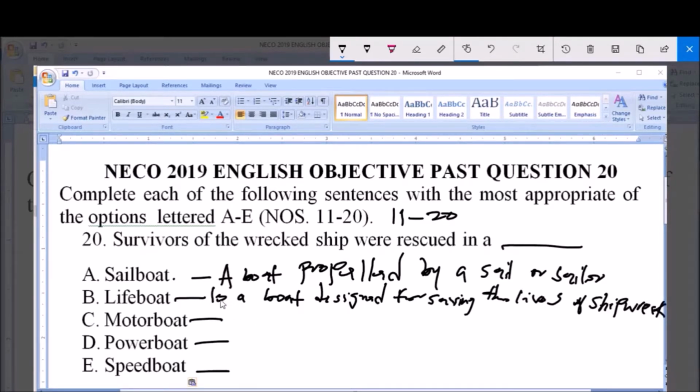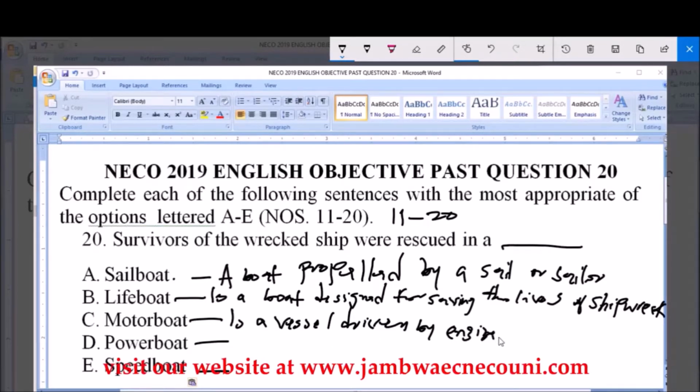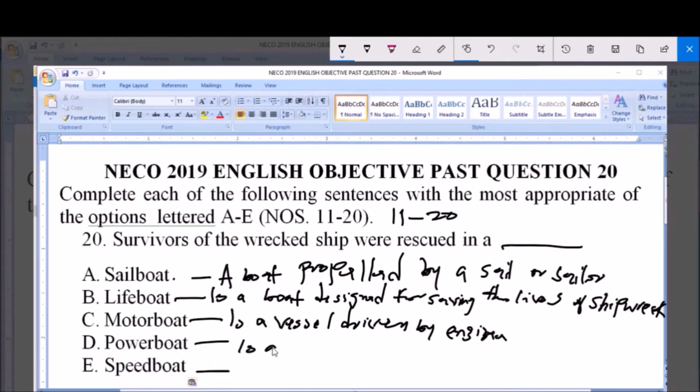The motorboat is a vessel driven by an engine. Then a powerboat is a small, fast motorboat.